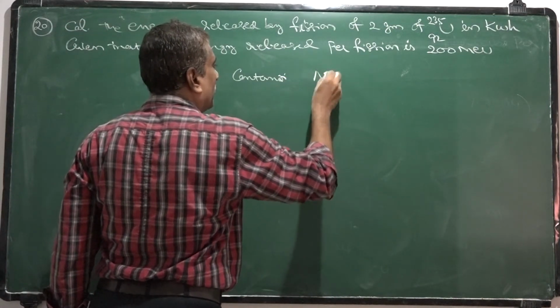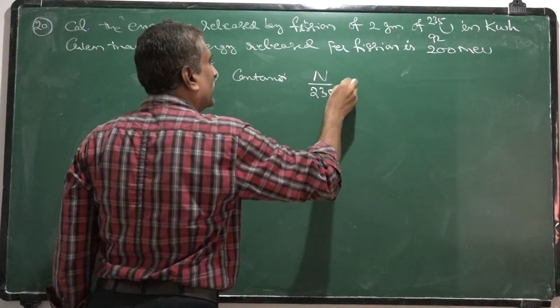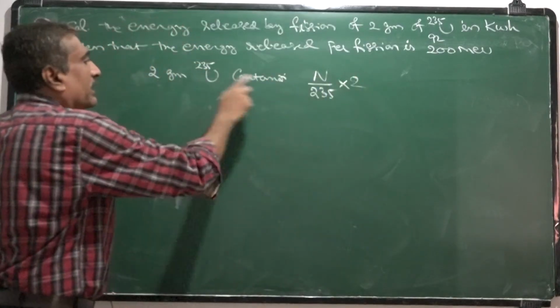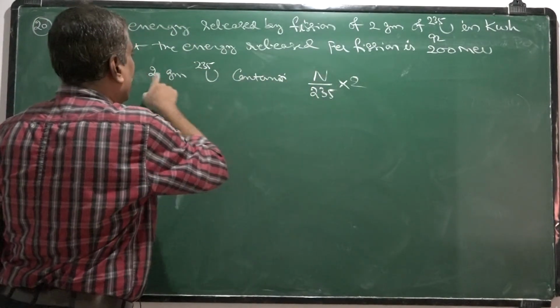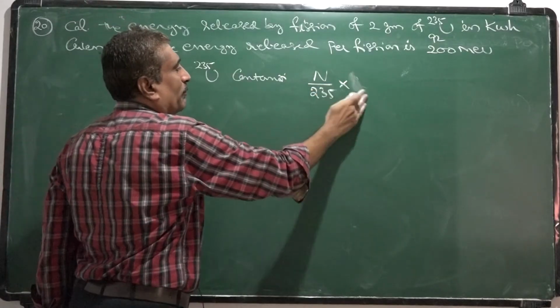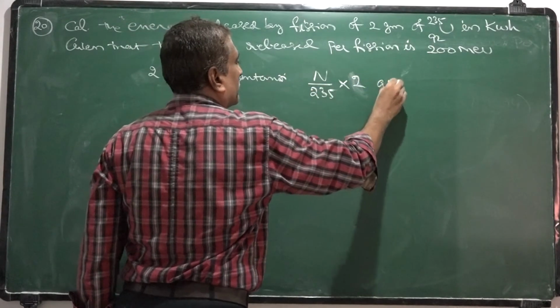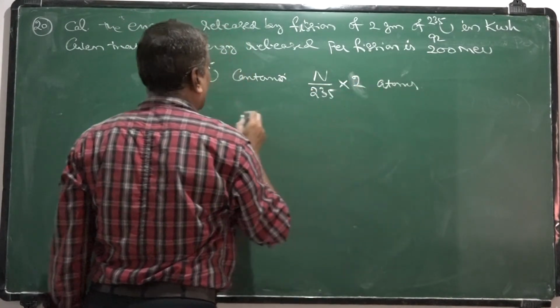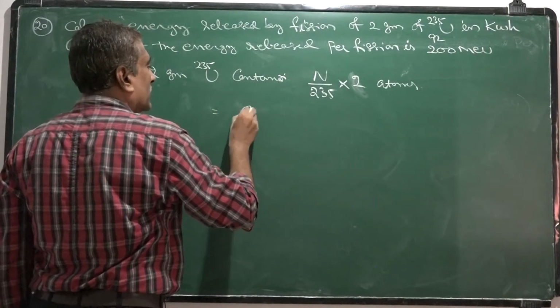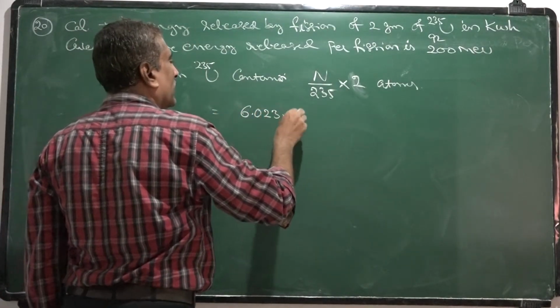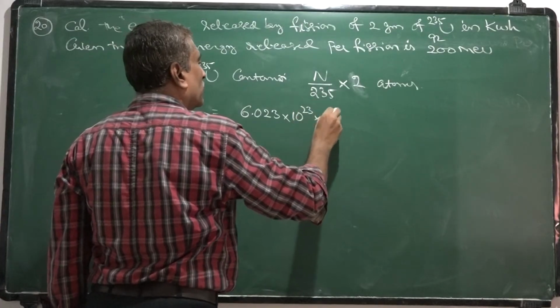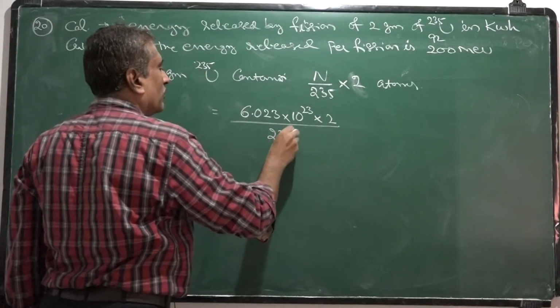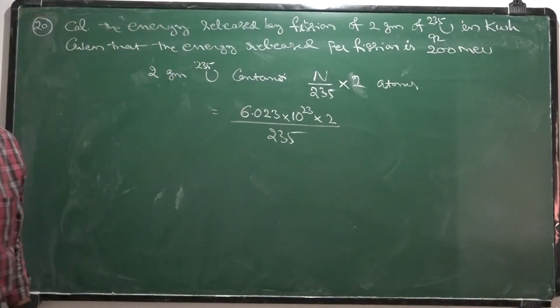It contains N by 235 into 2 grams, because for 1 gram this many number of atoms, for 2 gram it is 2 into that. So that is 6.023 into 10 power 23 into 2 divided by 235. So this many number of atoms.